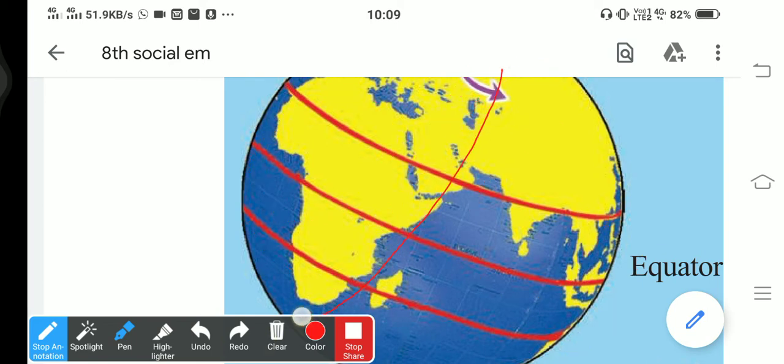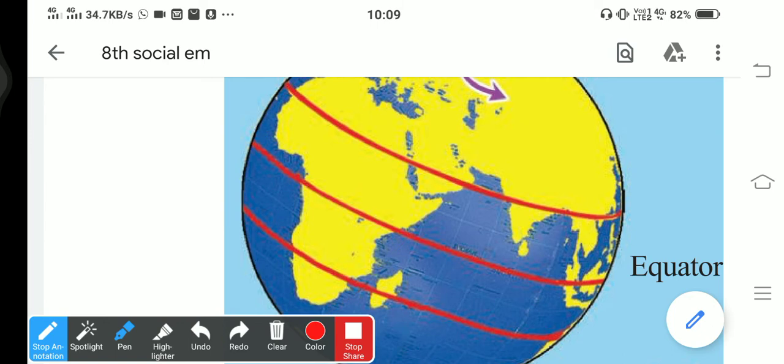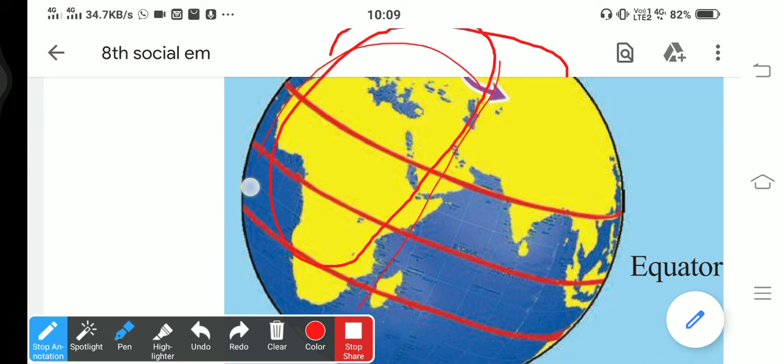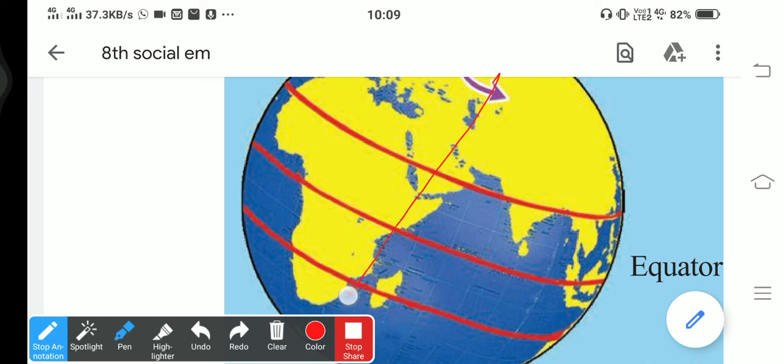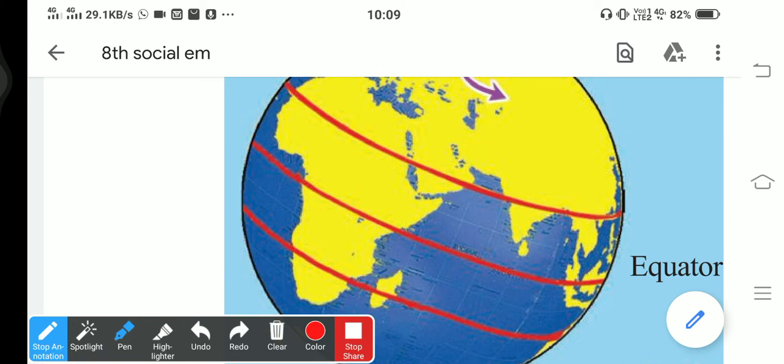This is the great circle which divides the earth into day, and the remaining half is night. Look at this, the half part I am drawing here. We see that the sunlight is exposed, so it is day, and the remaining half is not exposed to sunlight, that is night instead. So that is called the great circle, right?